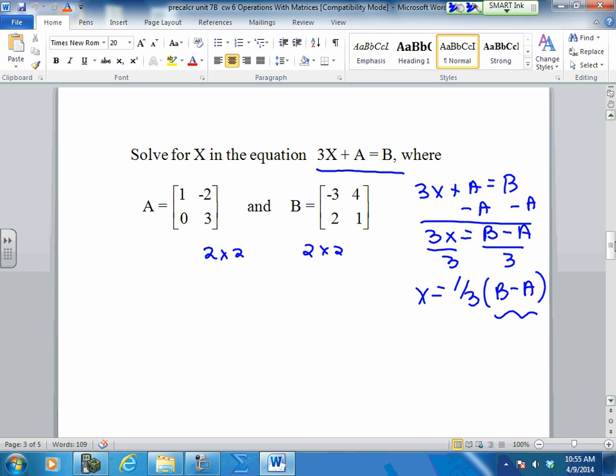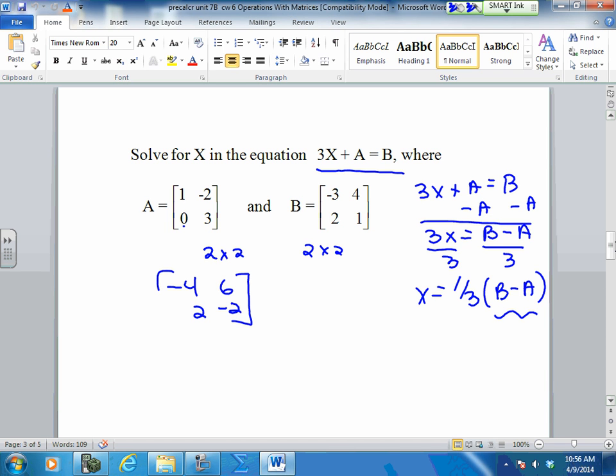So B minus A, from B, find the corresponding entry. What's negative 3 minus 1? What's 4 minus a negative 2? 6. 2 minus 0. 1 minus 3.